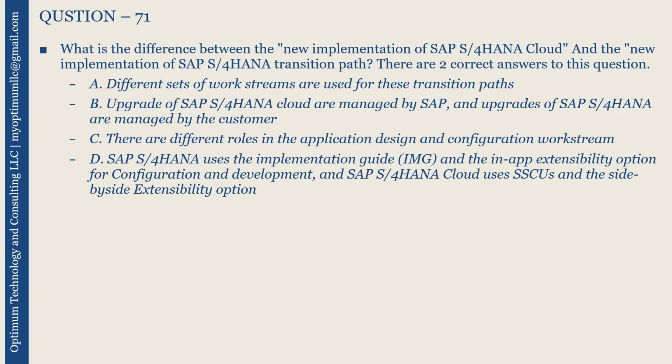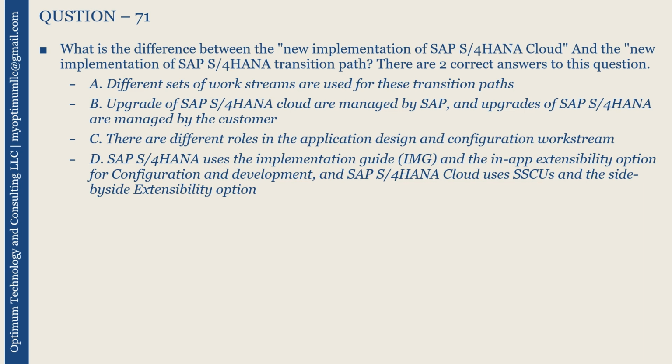Question 71. What is the difference between the new implementation of SAP S/4HANA Cloud and the new implementation of SAP S/4HANA Transition Path? There are two correct answers to this question. A. Different sets of work streams are used for these transition paths. B. Upgrades of SAP S/4HANA Cloud are managed by SAP, and upgrades of SAP S/4HANA are managed by the customer.